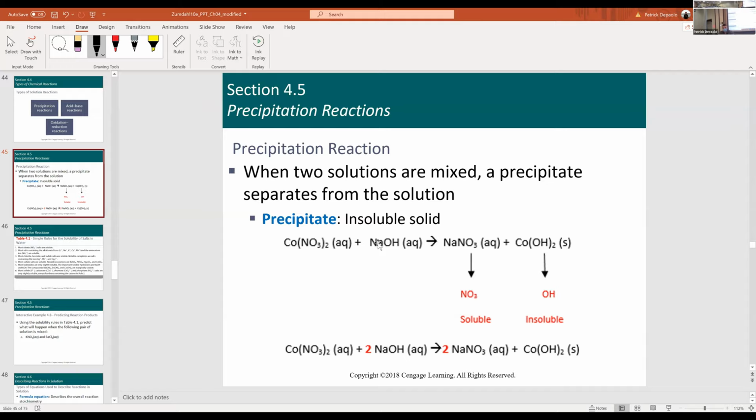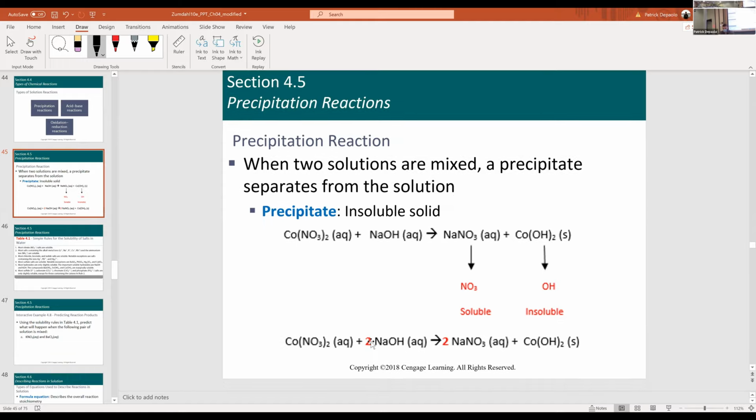So anything that has a sodium on it and anything that has a nitrate on it will be soluble. That's one of the rules. So when you switch them, however, the combination of cobalt and hydroxide becomes not soluble. So what will happen is they stick together and then they come out of the solution, meaning they become a precipitate together. And that's how you can get certain substances. That's a pretty important reaction, that precipitation reaction. And then you can balance it and you get the correct precipitation reaction.